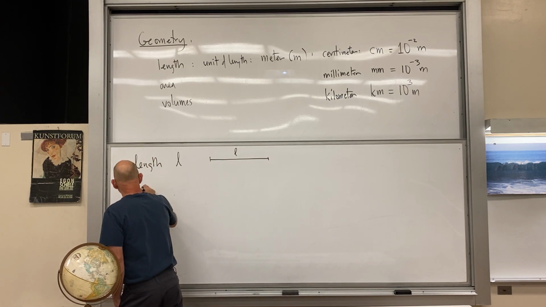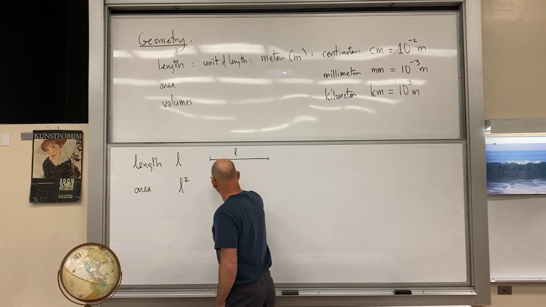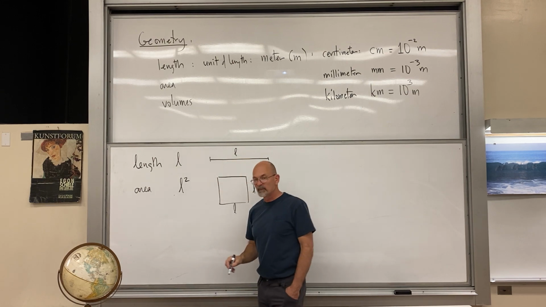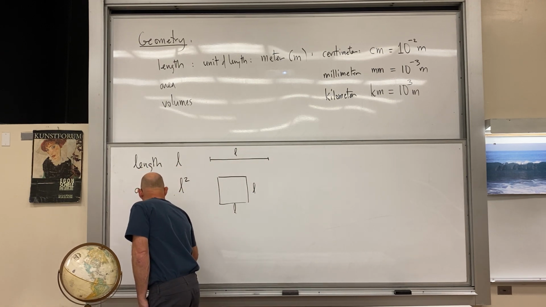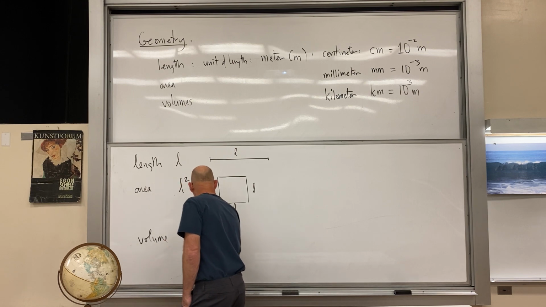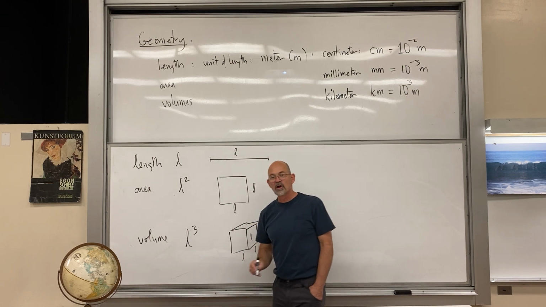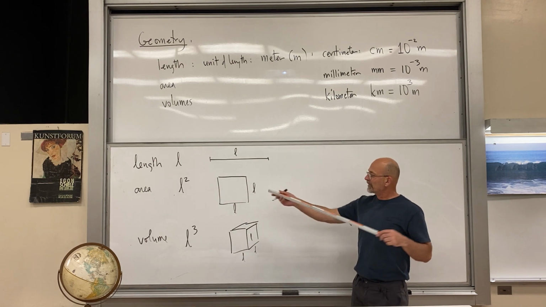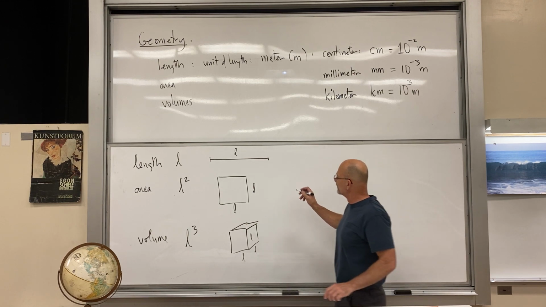Area, L squared. I would have L times L, that would be an area, and a volume, L cubed, and then I would draw a cube here with all three sides length L. It would be a volume L cubed. If we're using the metric system, we could have a meter, a square meter, and a cubic meter. Okay. So we're using those kinds of expressions.